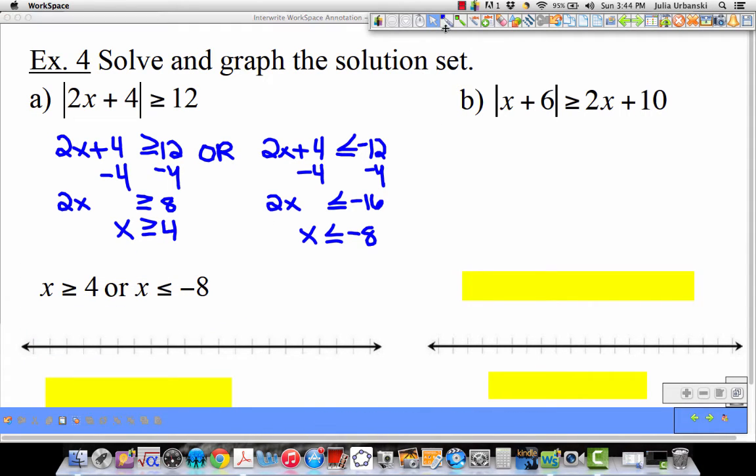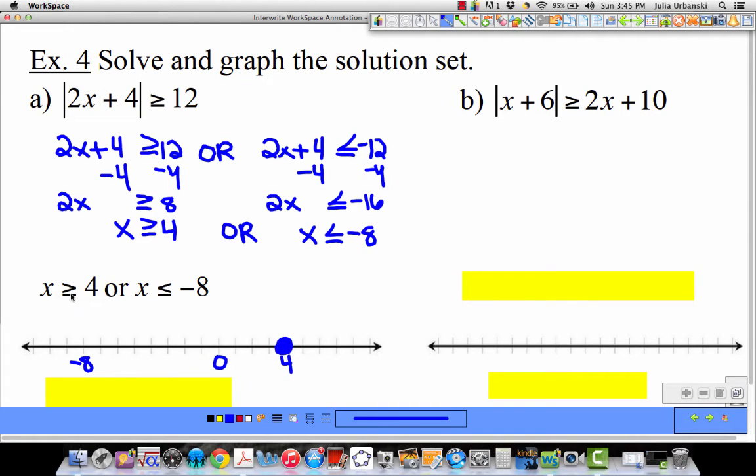An or statement is most likely going to be pointing away from each other. And in this case, it's a solid, filled in circle at the 4. So we need -8, -7, -6, -5, -4, -3, -2, -1, 0, 1, 2, 3, 4. And at the 4, I'm going to make a filled in circle.